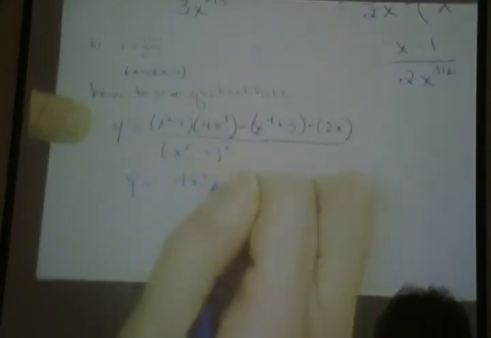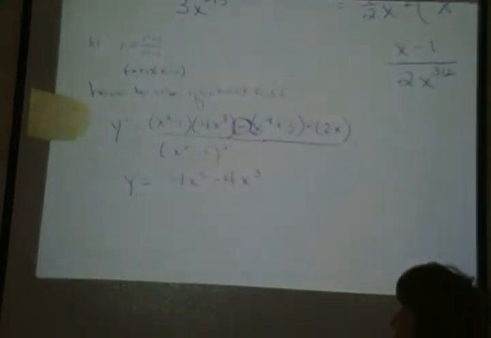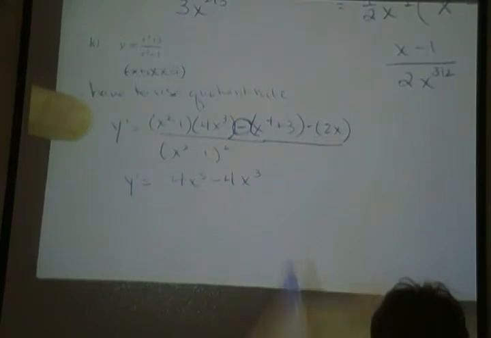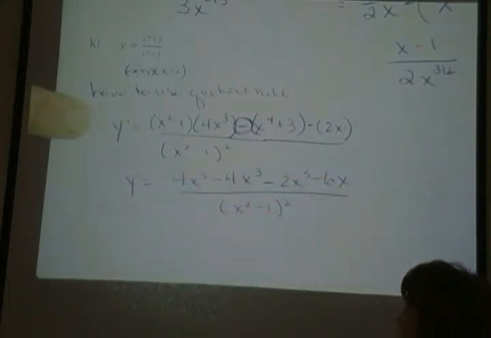And simplify means distribute here, 4x to the 5th minus 4x cubed. Distribute here and remember to distribute your negative. So minus 2x to the 5th minus 6x all over x squared minus 1 squared.